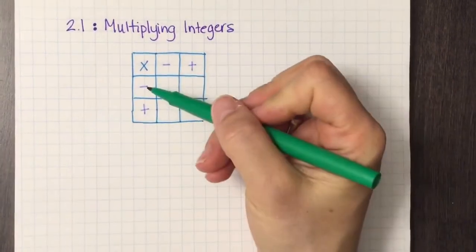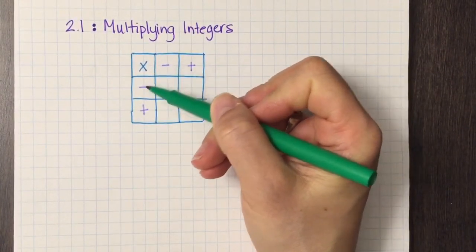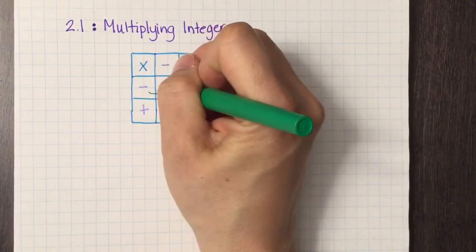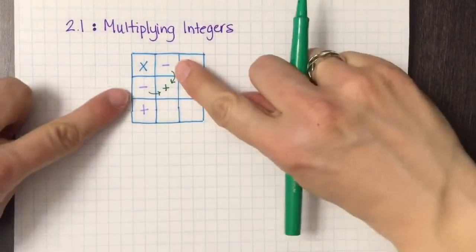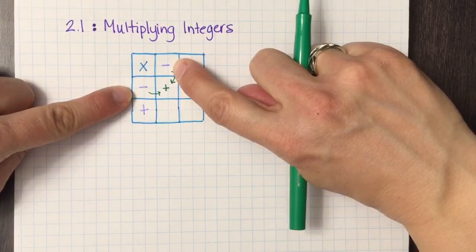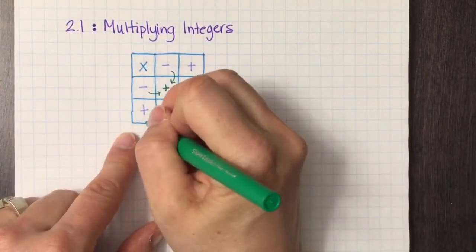If we are multiplying a negative times a negative, here the signs are the same. That means that their product is going to be positive. So when you multiply two integers with the same sign, their product is positive. Another one here is positive times a positive.